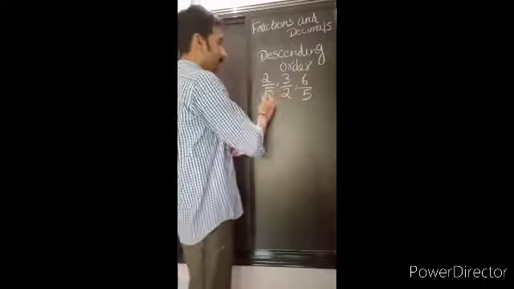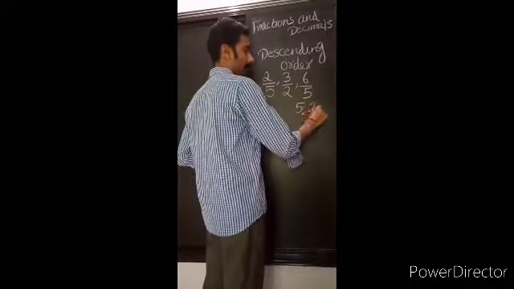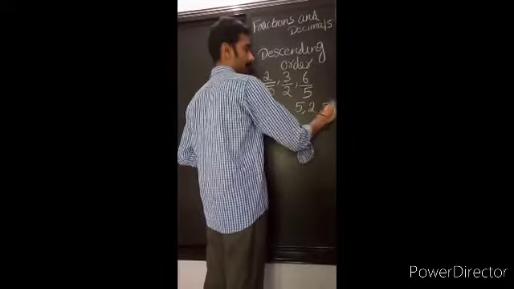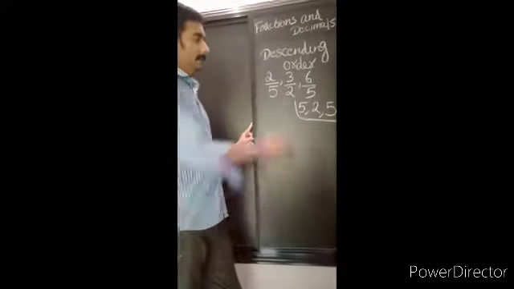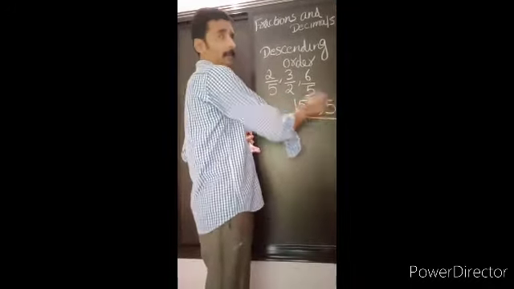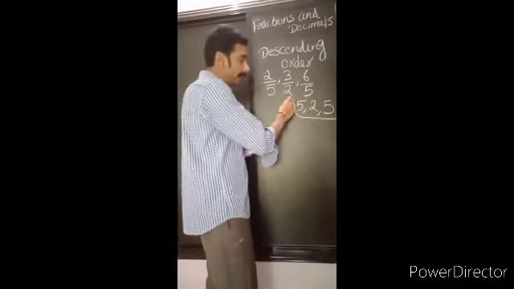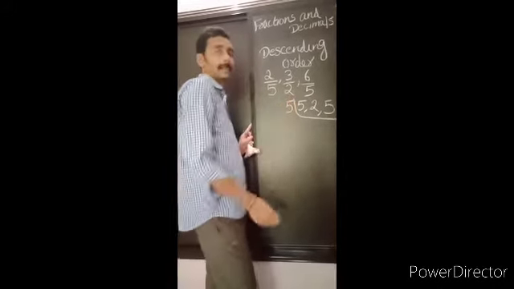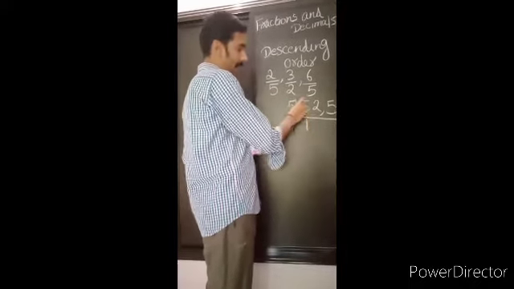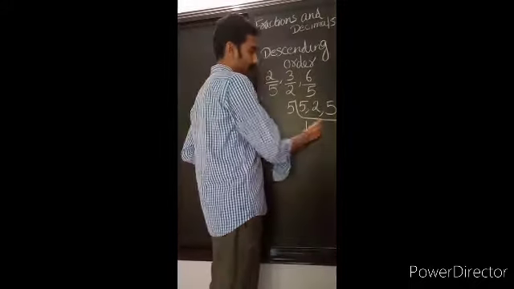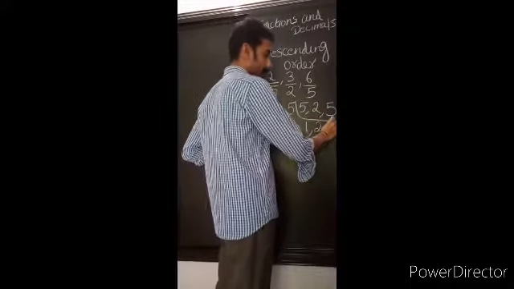Okay, LCM of 5, 2, 5. It is divided by 5. 5 divided by 5, 1. 2, 1. 5 divided by 5, 1.